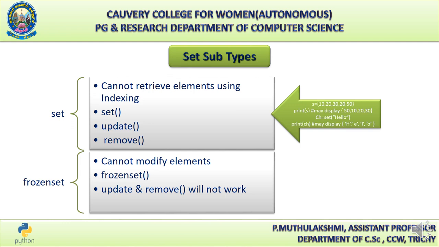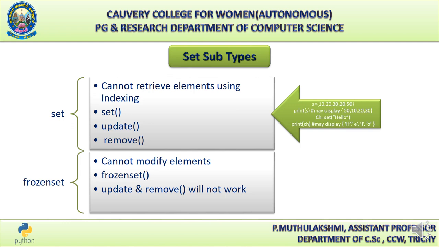That is, set does not store duplicate elements. Sets are unordered, so we cannot retrieve the elements using indexing and slicing operation. Update method is used to add elements into the set. Remove method is used to delete an element from the set.